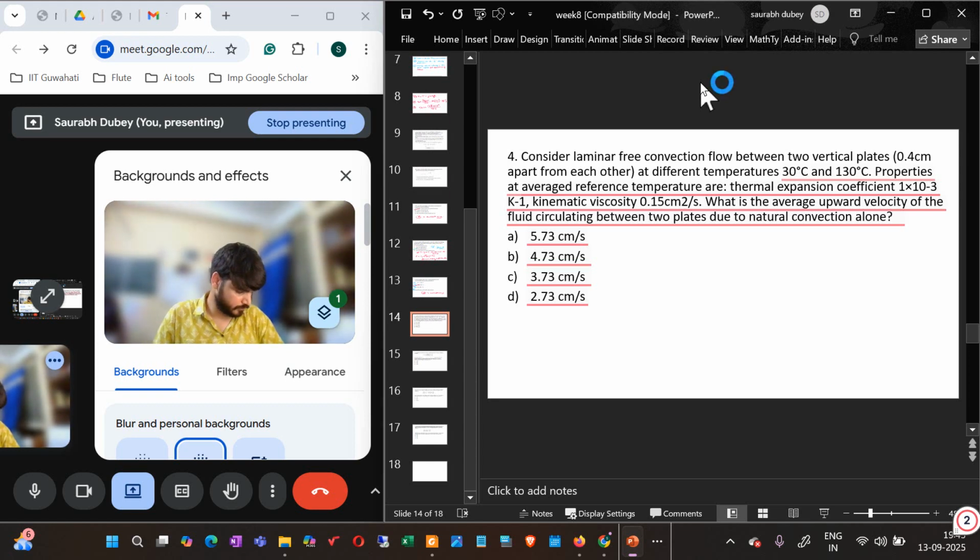Okay, so that is there. Now what I'm saying is the thermal expansion coefficient you are having. So let me just write it.